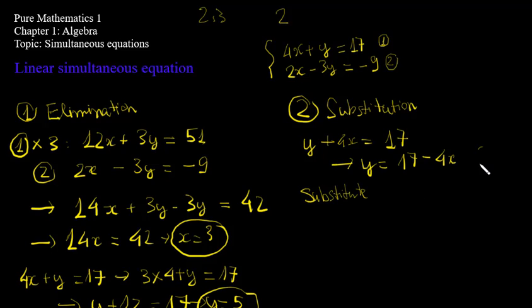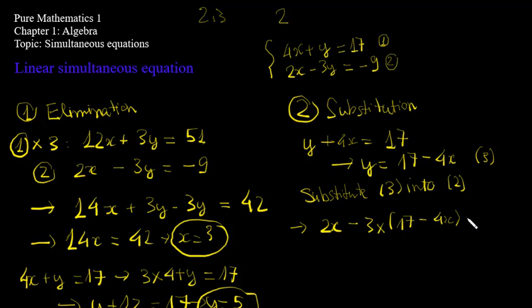I call this equation 3, and substitute into 2. I will have something like this: 2x minus 3 multiplied by 17 minus 4x equal to minus 9.